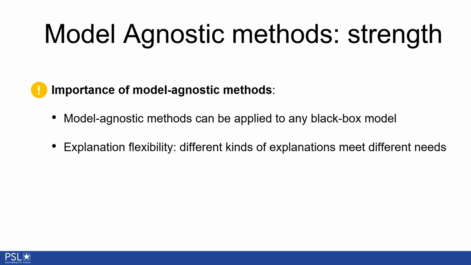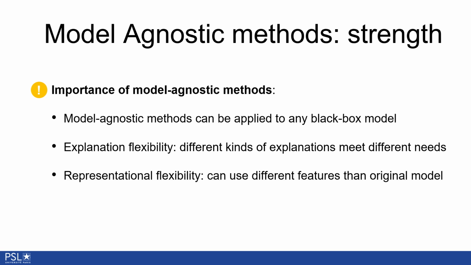We saw this in particular with counterfactual explanations. Model-agnostic methods also allow for representational flexibility, as they can use different features than the original model. We saw this for SHAP, but this is also the case for LIME. So, model-agnostic post-hoc methods are potentially a powerful way to generate explanations.